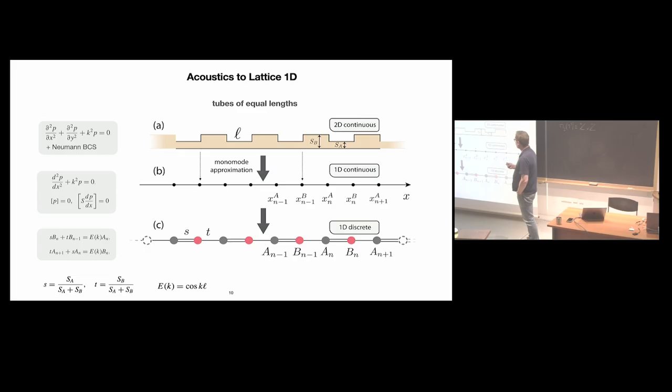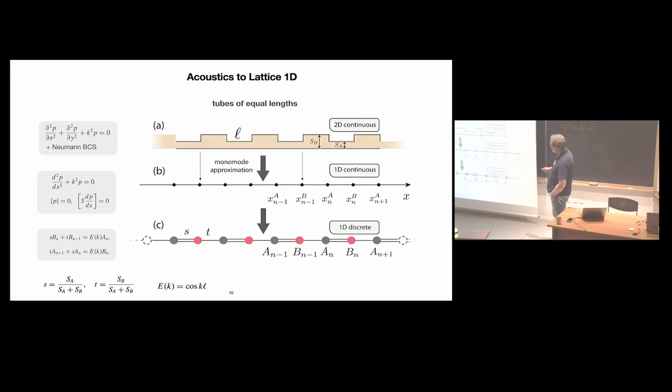We start from the 2D continuous wave equation, Helmholtz, plus Neumann boundary condition at all the walls, rigid walls. Then with the monomode approximation in each tube segment, we can go to the 1D wave equation, but at each change of cross-section we have continuity of pressure and continuity of flux. So from 2D to 1D, but we are still continuous.